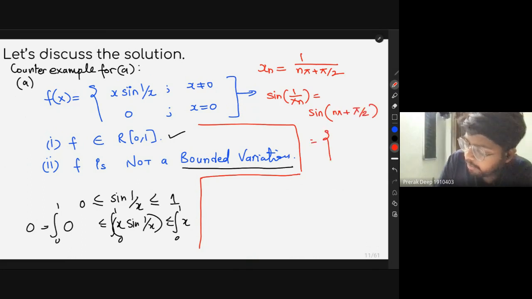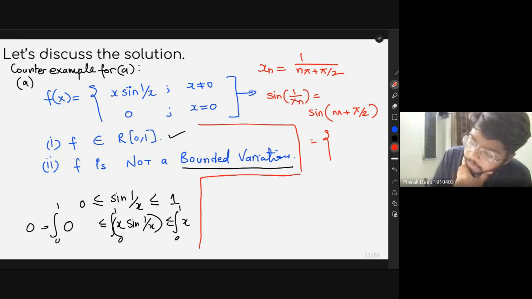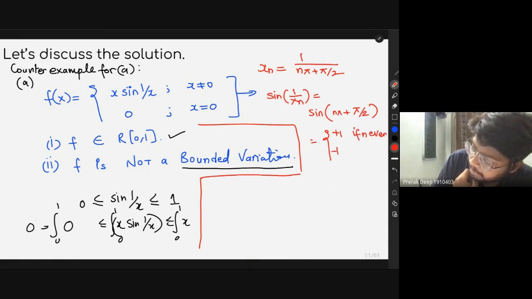Depending on the value of n, if it is even or odd, it will take signs. If n is even, it will be plus 1. If n is odd, it will be minus 1.